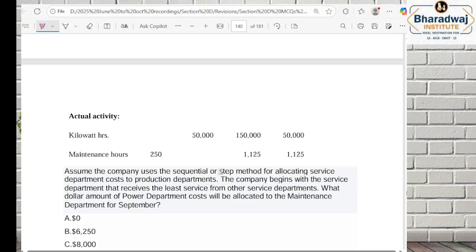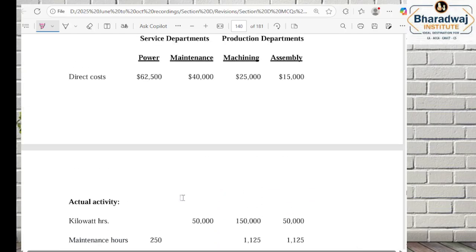Step method, step down. It begins with the service department that receives the least service from other departments. Least service from which one? Other departments. What will be the dollar amount of power department cost that will be allocated to maintenance department?